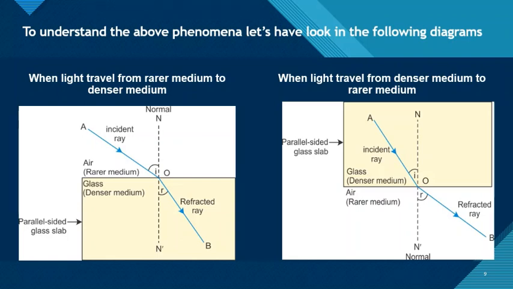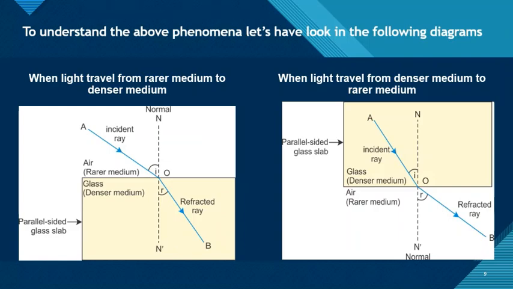When light travels from a denser medium to a rarer medium, the light bends or changes its direction away from the normal. This is due to refraction.